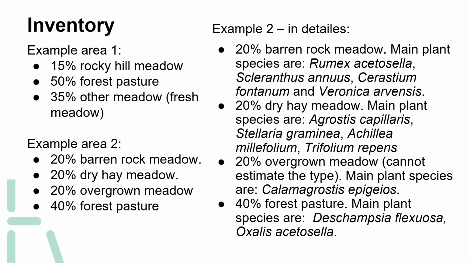In this way we know more exactly what type it is when we can see which plants are growing there. We don't have to list all the plants. Usually we list a few of those meadow plants, or those plants you find in the meadow indicator list.